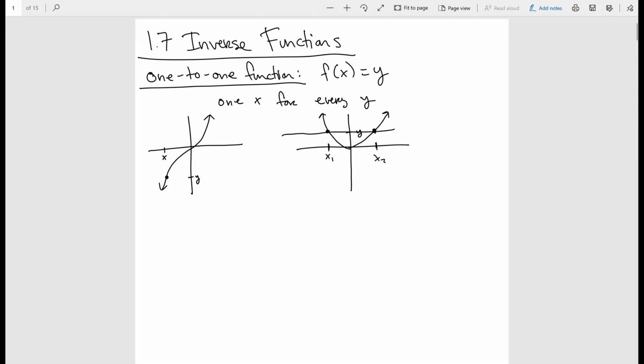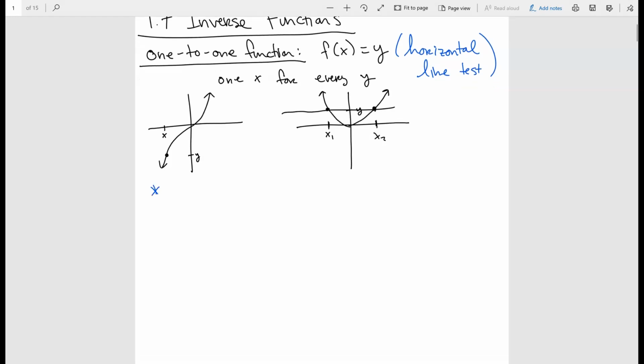A way that you can know whether something is one-to-one is called the horizontal line test. So you can check this by doing a horizontal line test. Basically, what the horizontal line test says is that a horizontal line can go through the graph only once.